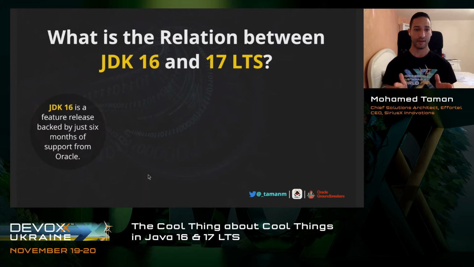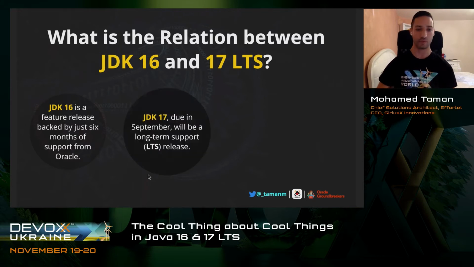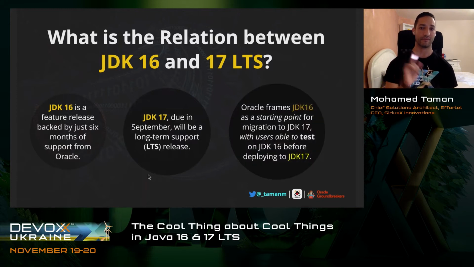Once the 6 months have passed, we don't provide any support for that version, because the continuity of development will be on the next version. So it's very nice for labs, for trials, for migrations, for being the base migration, and this is why JDK 16 is the base migration for 17.